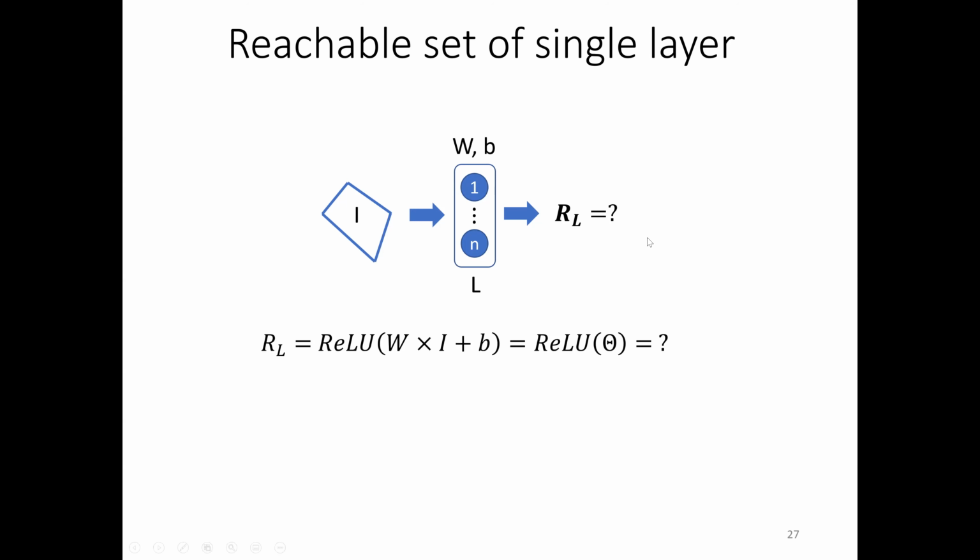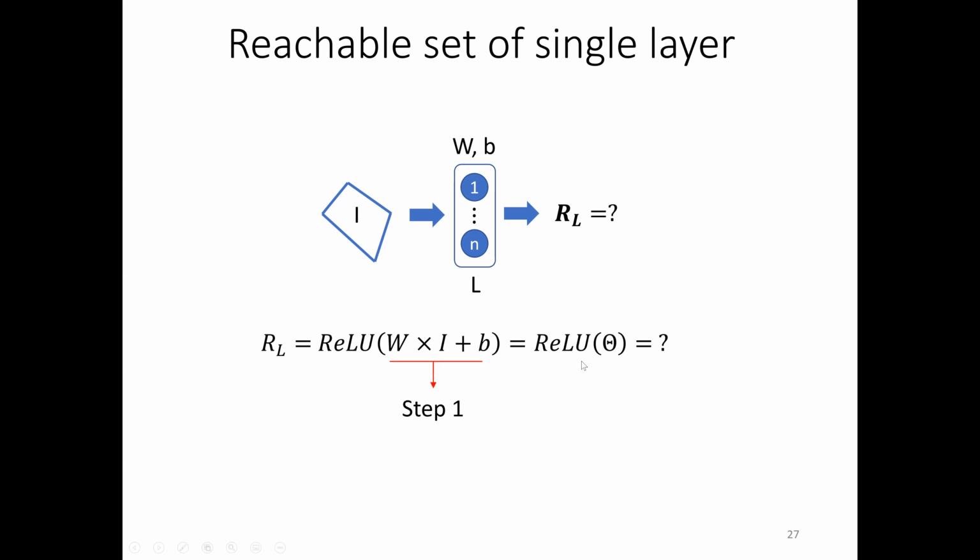Then there are two steps to do that. Step one is we do the affine mapping of the input set using the weight matrix and the bias vector of the layer, right?